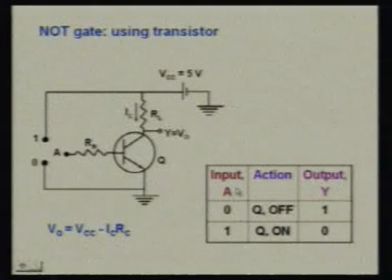We have input A here and the output. If A is 0, as I told, Q will be in the off condition and the output will be 1, meaning at the output we will get 1. If the input is in the 1 state, this transistor Q will be in the on condition and the output will be the 0 state.